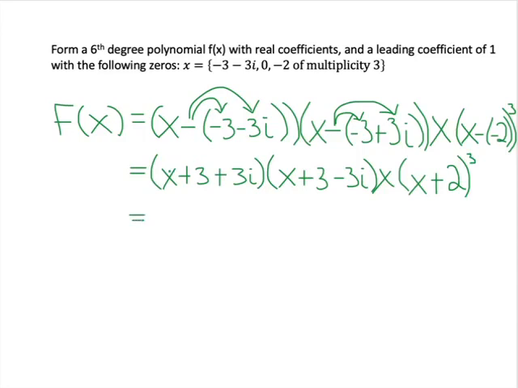Okay, so let's go ahead and multiply this out. So I have x times x, which is x squared. X times 3 is 3x. X times negative 3i is minus 3ix.